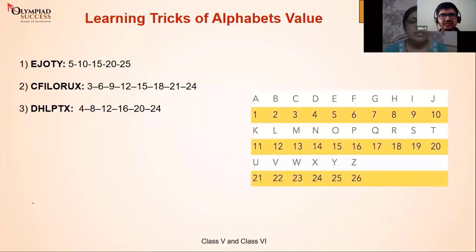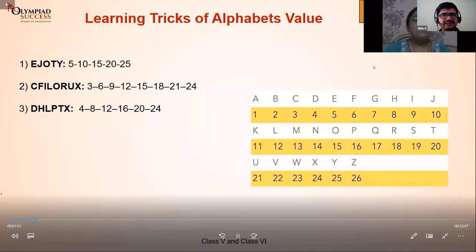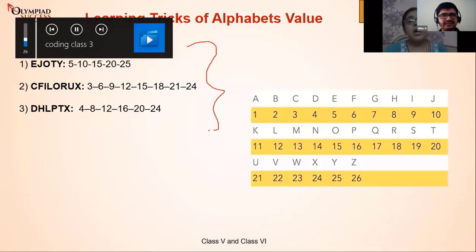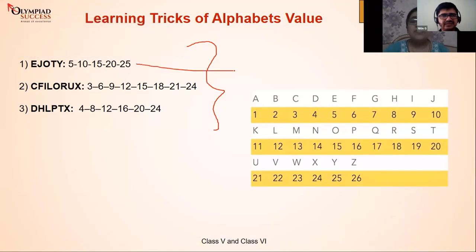For the place value of the alphabets, we have certain given rules which are multiples of certain numbers. EJOTY is a very famous one because it is actually the multiple of 5. If I check the place value of E, then E stands for 5.